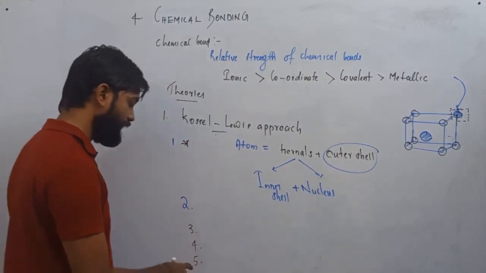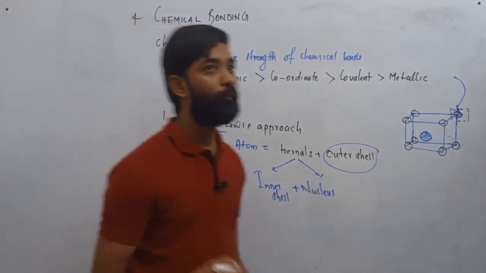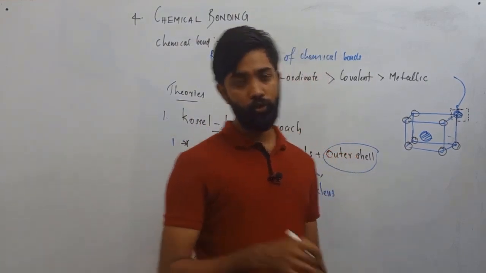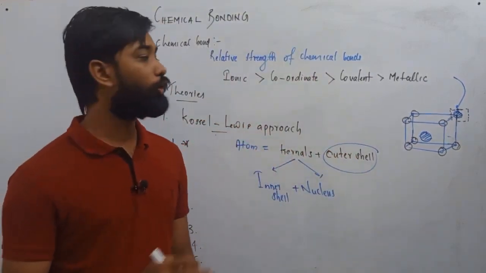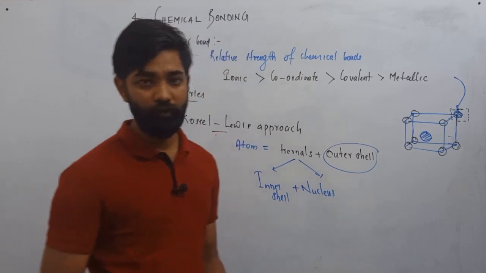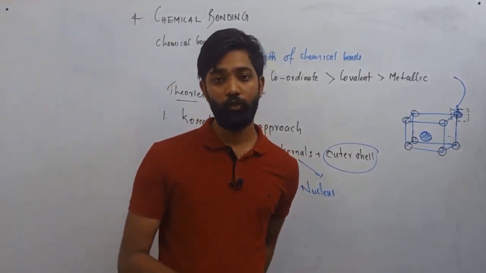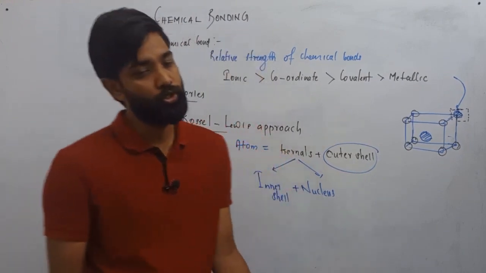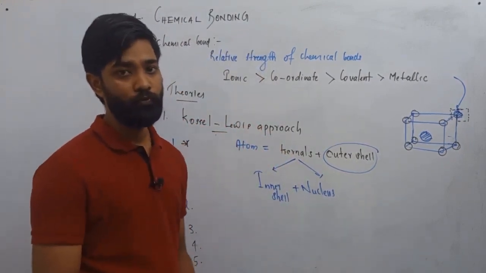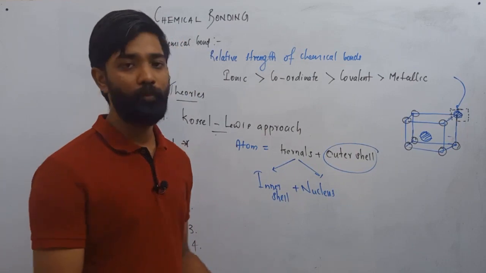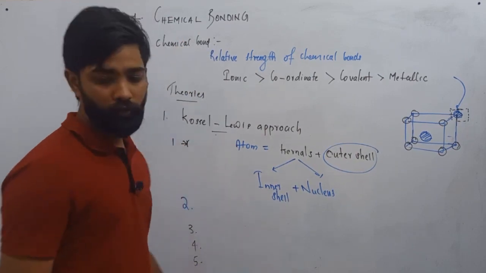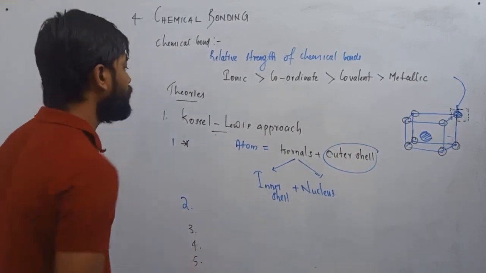Ready? So that is the last point. Atoms combine with others to occupy all 8 corners with electrons, which means if they can occupy all 8 corners with electrons, the atom has 8 electrons in the outermost shell, so they will be stable. So for getting stability, they are combining. And these are all concepts by Kossel and Lewis.